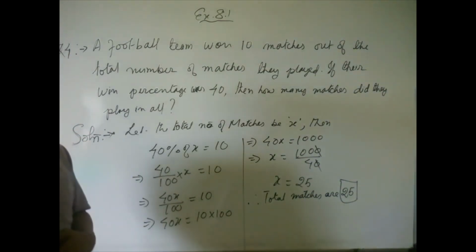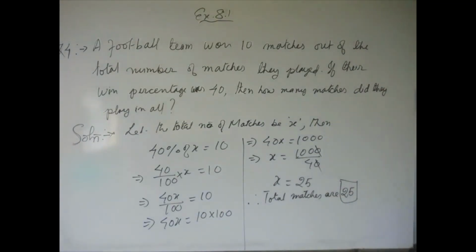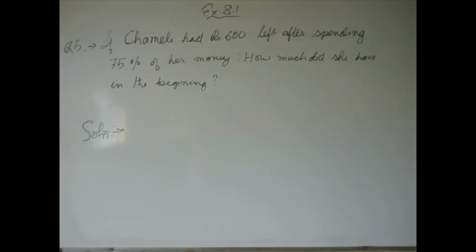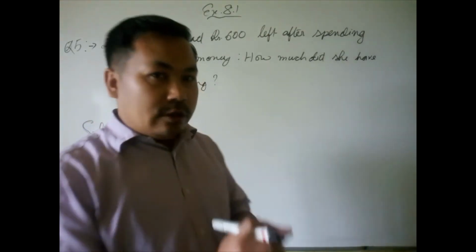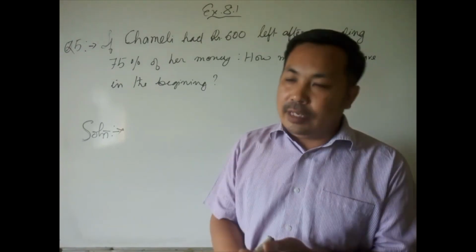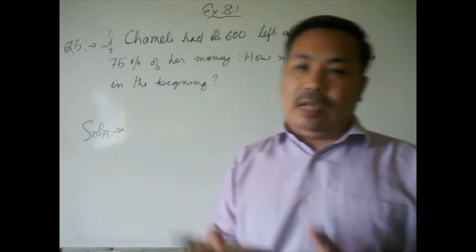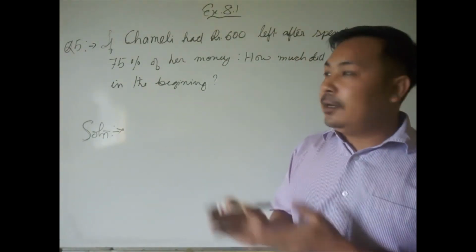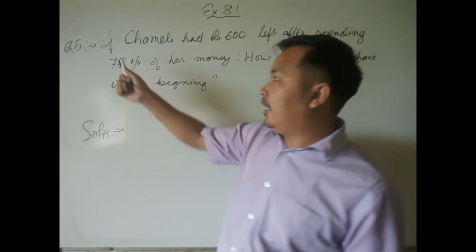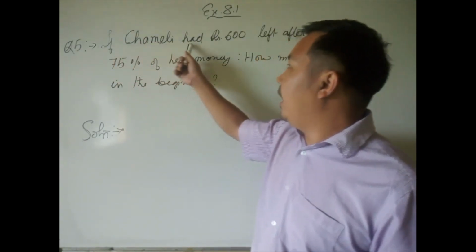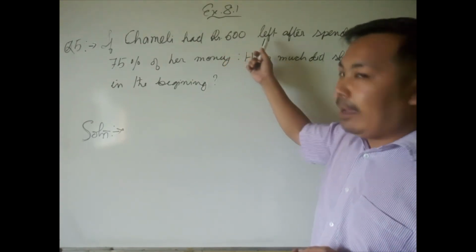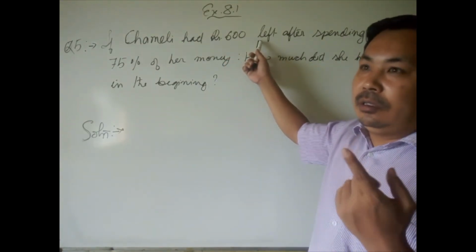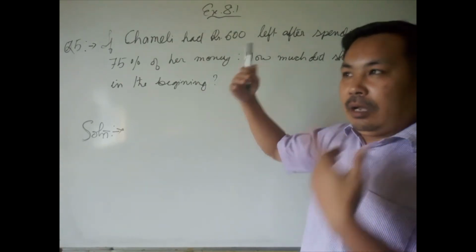Question number 5. Hello student, now we have the next question, question number 5. Question number 5 also very simple, but you have to think a little, okay? And listen carefully here. In question number 5, it's asking that if Chameli had rupees 600 left, not was having.